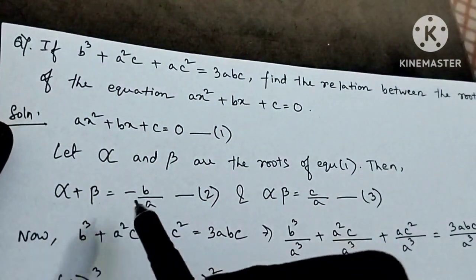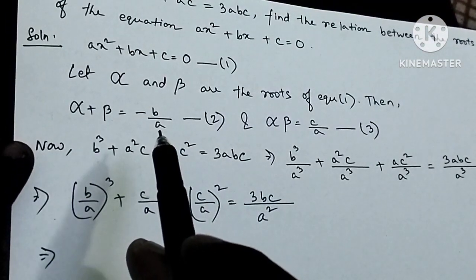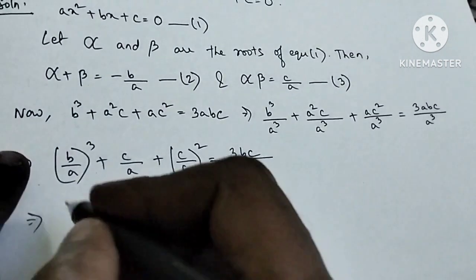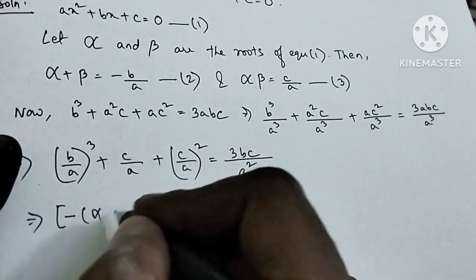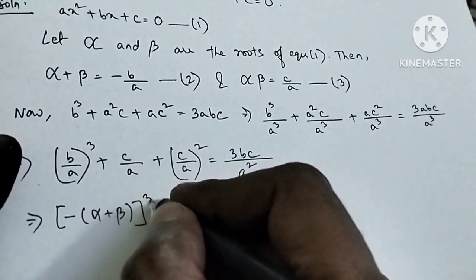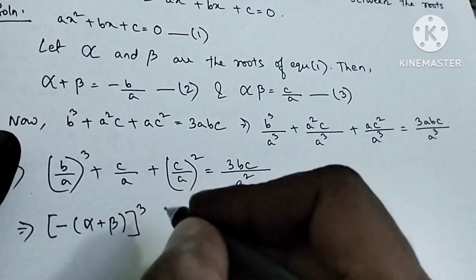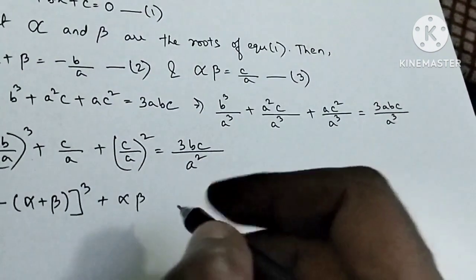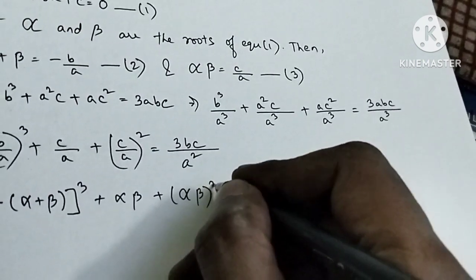Now alpha plus beta is equal to minus b by a. So b by a is minus alpha plus beta, so b by a whole cube will be minus alpha plus beta whole cube. c by a is alpha beta, c by a whole square is alpha beta whole square.